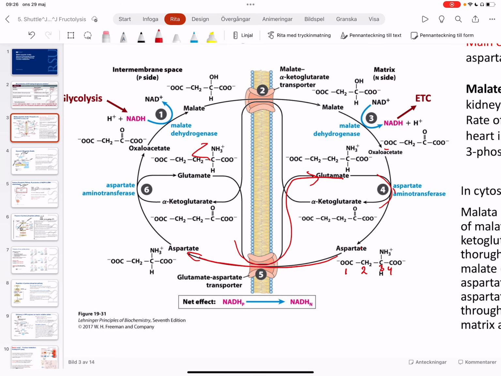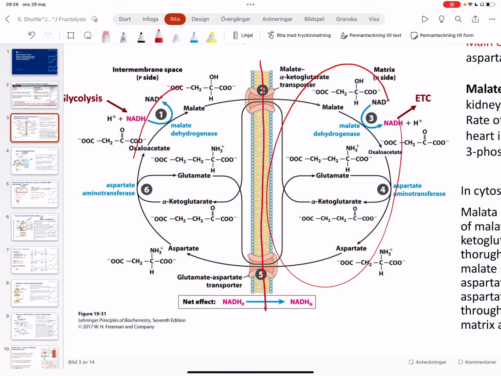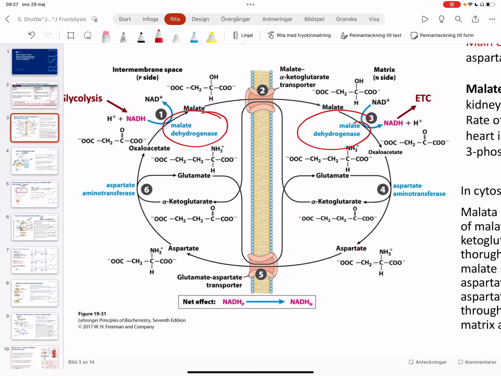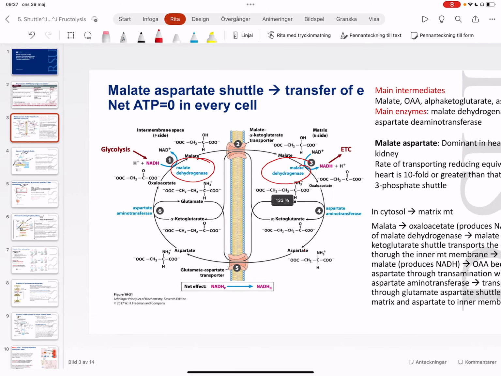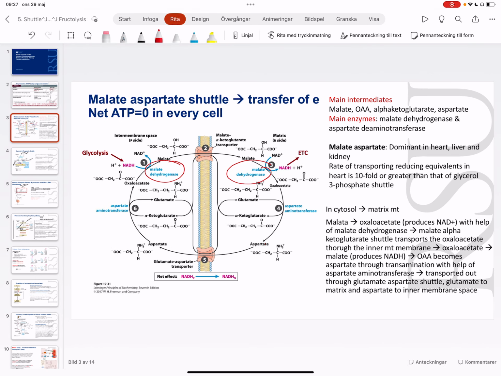Then once we get aspartate, we can once again do the same reaction, and then we will get back to oxaloacetate. And what's important to know is that these reactions on either side are exactly identical. Every single thing that's here will be here. So it's identical. Yeah, and this is a summary of that.